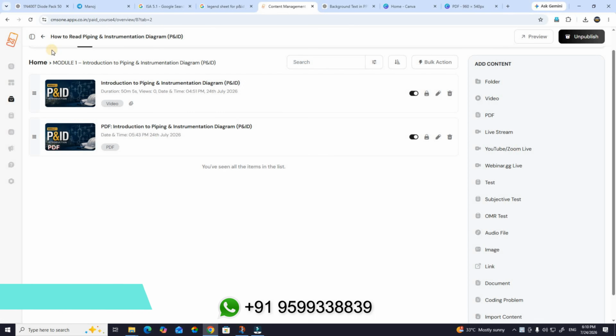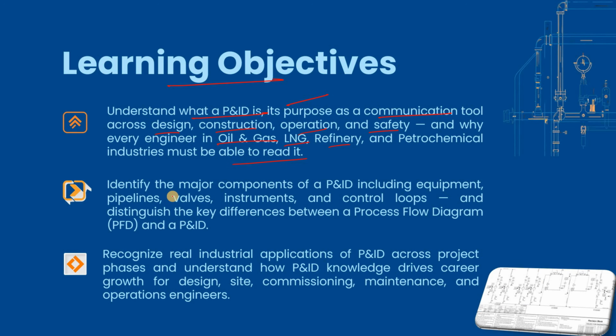Now let's continue. We will also identify the major components of a P&ID, including equipment, pipelines, valves, instruments and control loops, and we will distinguish the key differences between the process flow diagram and the P&ID. The P&ID is nothing but an advanced version of the PFD, or process flow diagram.